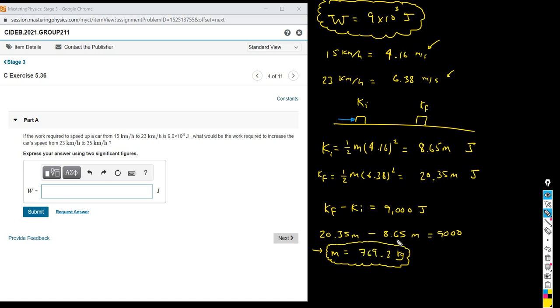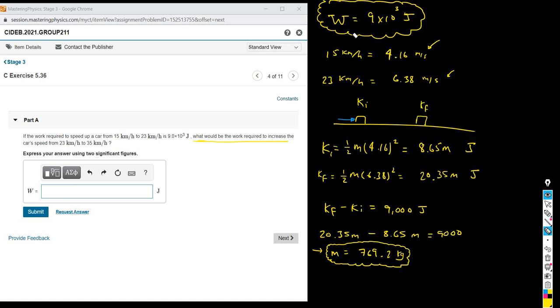Why is that important? You might be asking. Well, that was important in order to solve the actual question, which is this. What would be the work required to increase the car's speed from this much to this much? So let's just keep this value. That's the only thing we need.